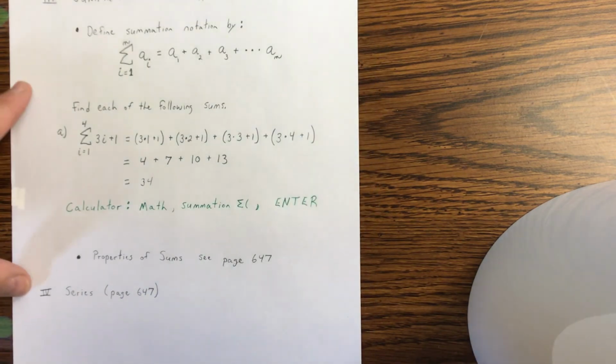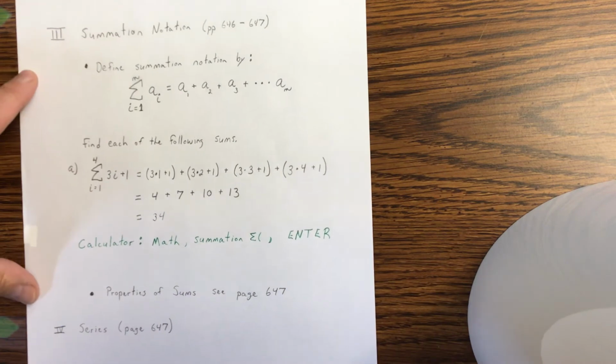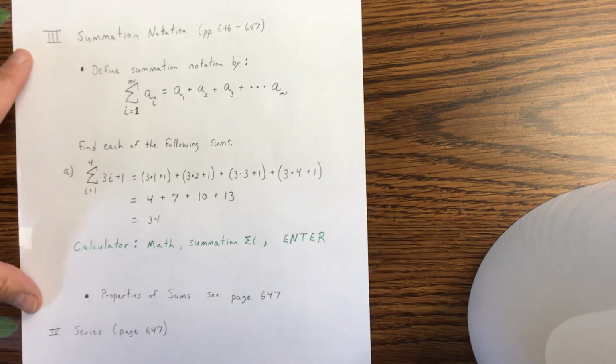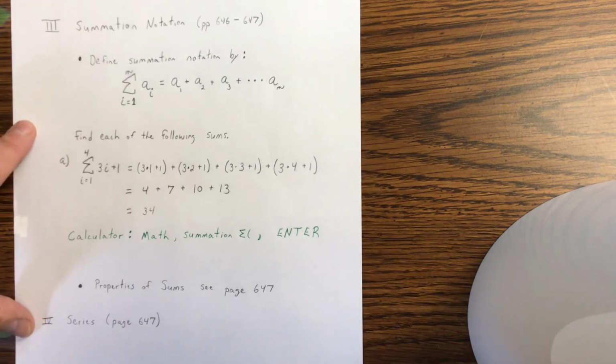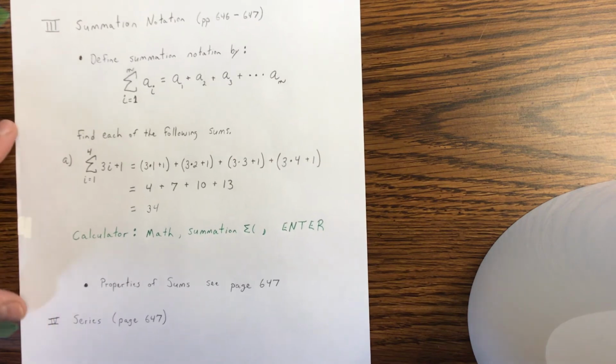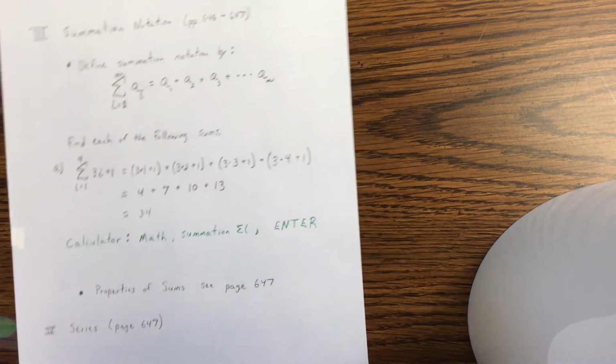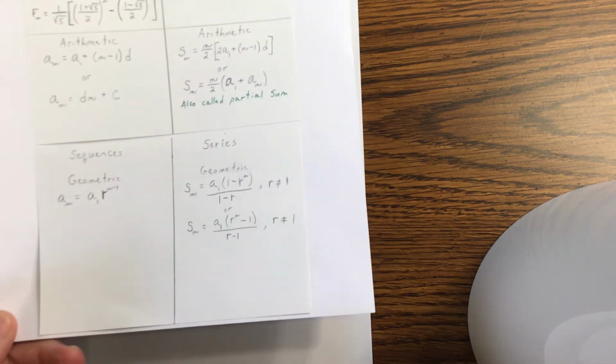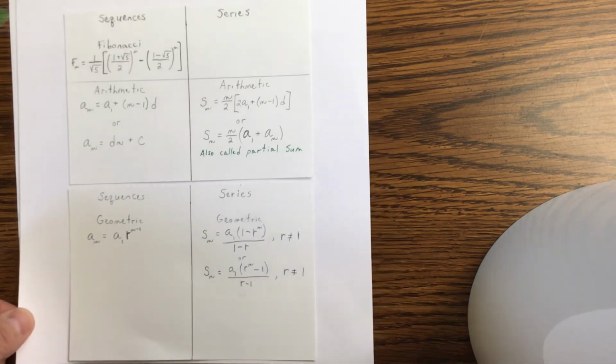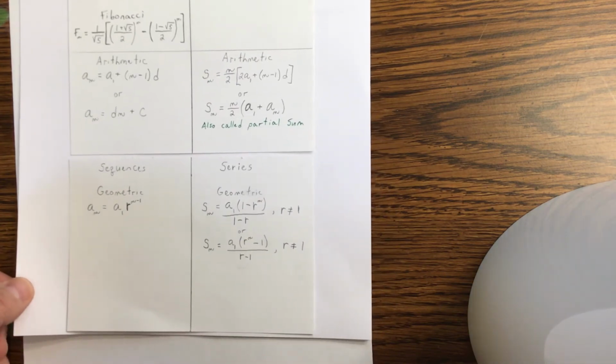Roman numeral 3 deals with summation notation. Now the summation notation really is very useful when we get into a series. Now again, I flew by real fast on section 9-1, the sequences and series, but sums are really applicable to a sequence.